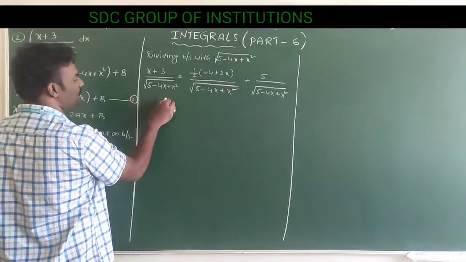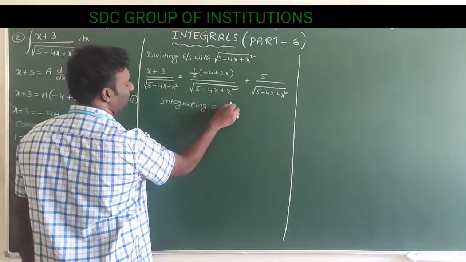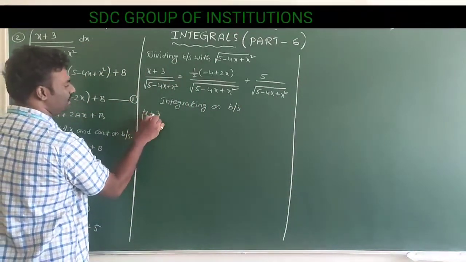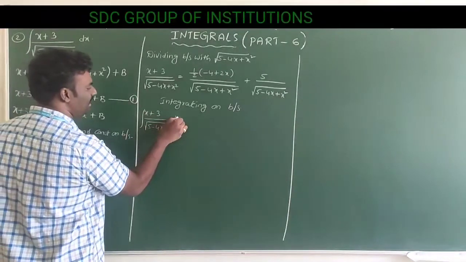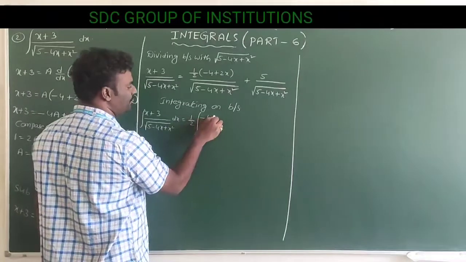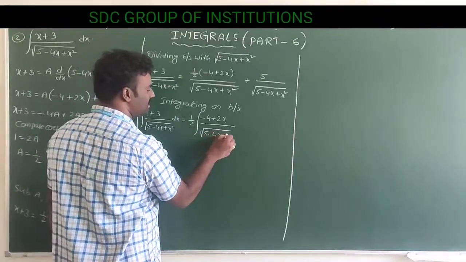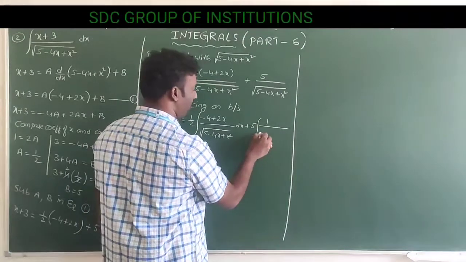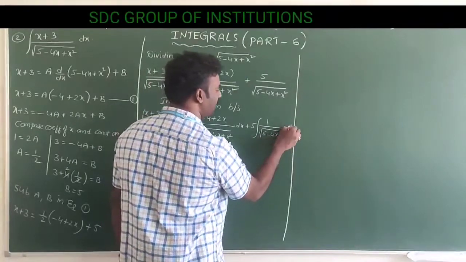Next, integrating on both sides with respect to x. Now, integral (x plus 3) by under root of (5 minus 4x plus x square) dx is equal to 1 by 2 constant into integral (minus 4 plus 2x) by under root of (5 minus 4x plus x square) dx, plus 5 constant into integral 1 by under root of (5 minus 4x plus x square) dx.